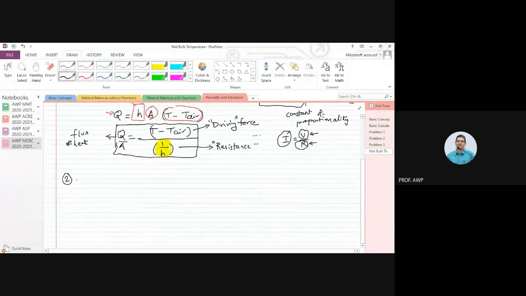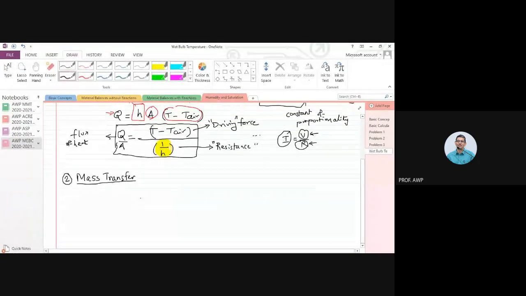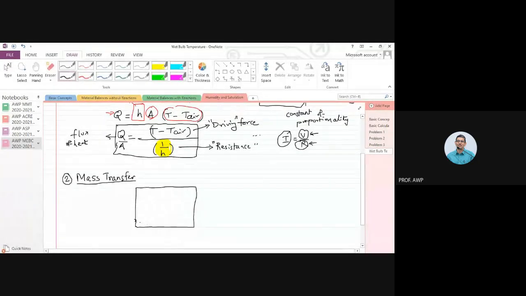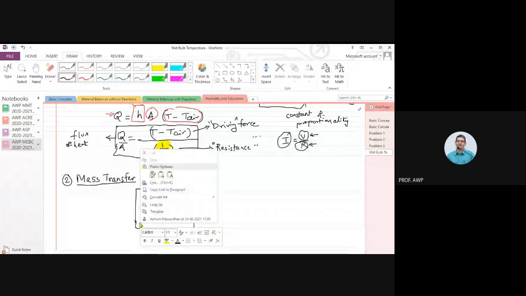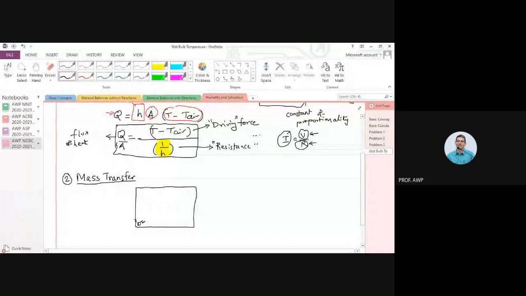Second concept we are going to talk about is mass transfer. So the situation is analogous. Imagine a room and let's say I spray perfume in one corner of the room.